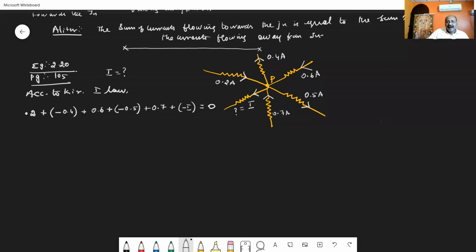Am I correct? According to Kirchhoff's first law, the algebraic sum of the currents meeting at this junction point is equal to 0. If the current is flowing towards, I have taken it as positive. If the current is flowing away, I have taken it as negative. So in 3 cases, I, 0.4 and 0.5 are flowing away, so I have substituted them as negative.